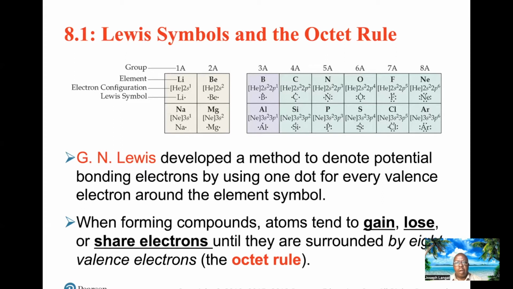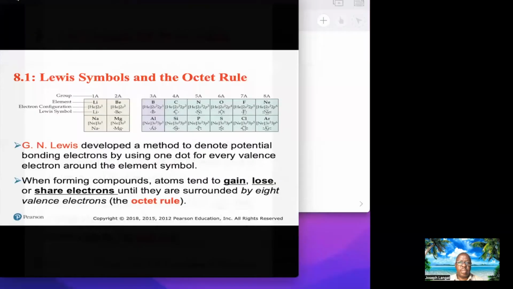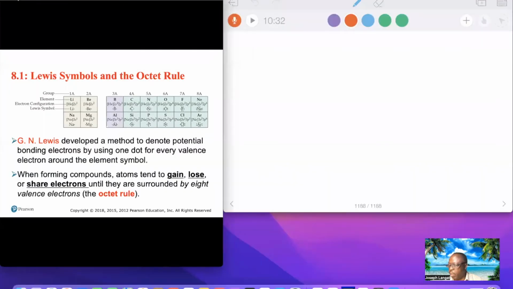And now the Lewis dot symbol for an element is simply the chemical symbol for the element.